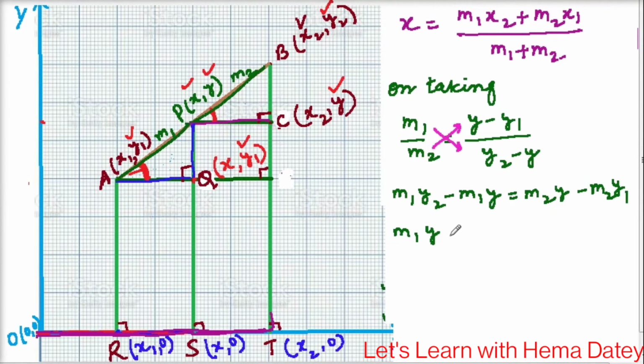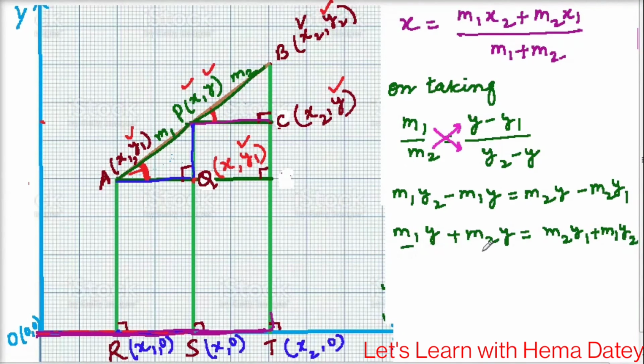So m1y will be positive plus m2y equals to m2y1 plus m1y2.